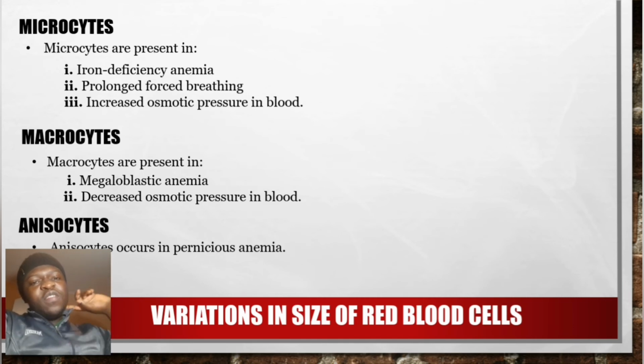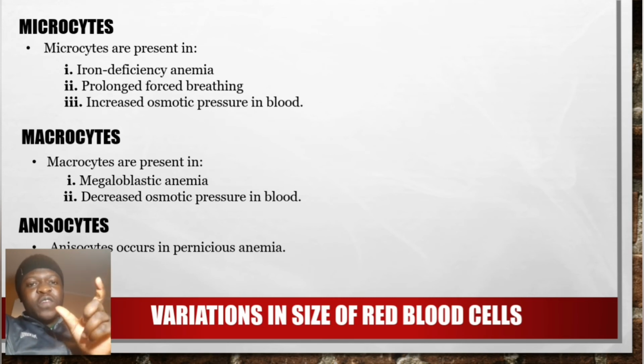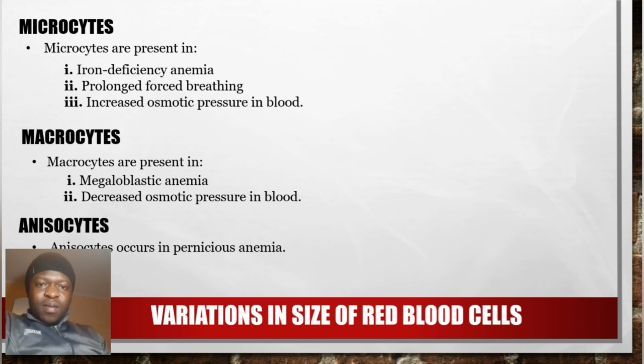So I just want you to remember during studying, you need to differentiate. Okay, so the condition will be called anisocytosis, right? You need to differentiate physiological and pathological anisocytosis, right? There are some physiological conditions where you have these anisocytes, right? You need to differentiate it.